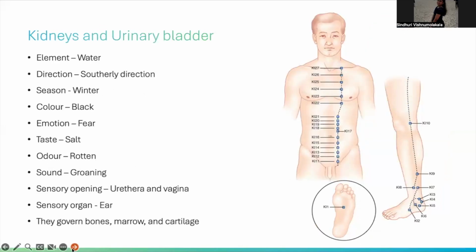And then comes kidneys and urinary bladder. Again, the kidney starts near your feet and then travels upward towards your head. And kidneys and urinary bladder belong to the element water.